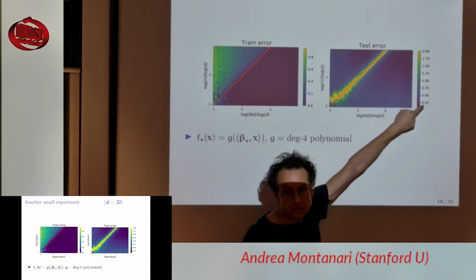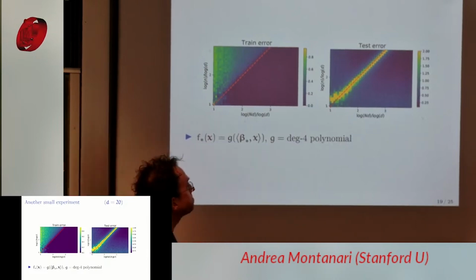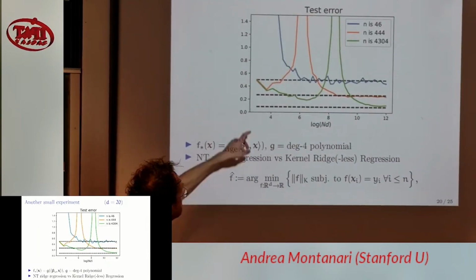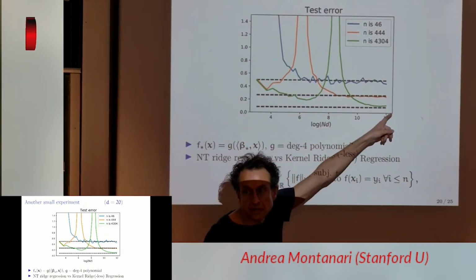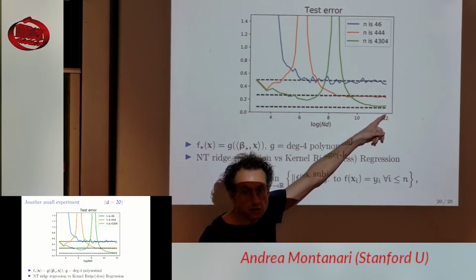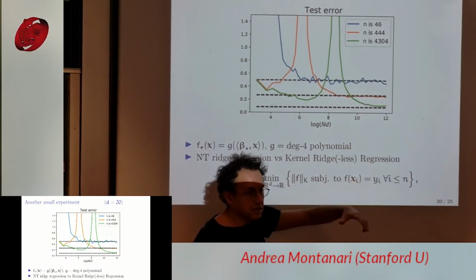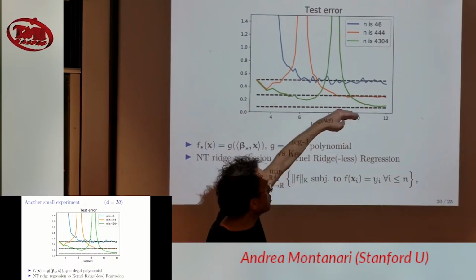So overparameterization not only doesn't hurt, but might help if you don't regularize. So this spike, these are slices, and the infinite width limit, this dashed line, is the kernel ridge regression error.